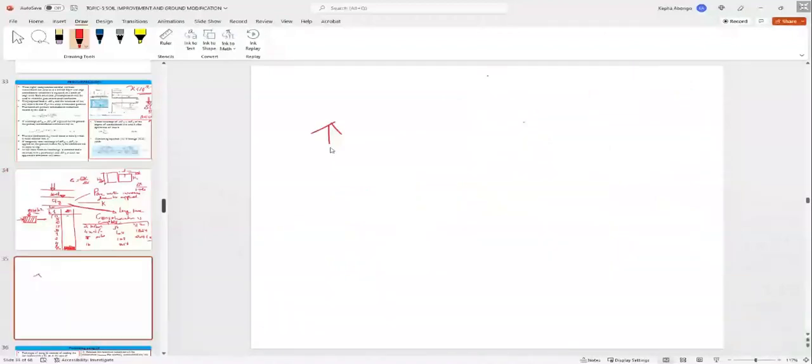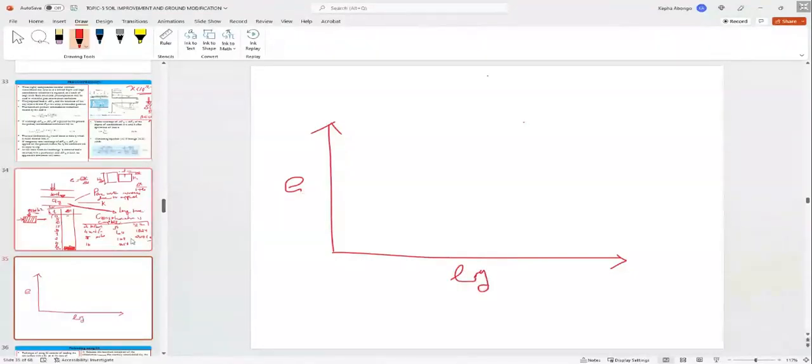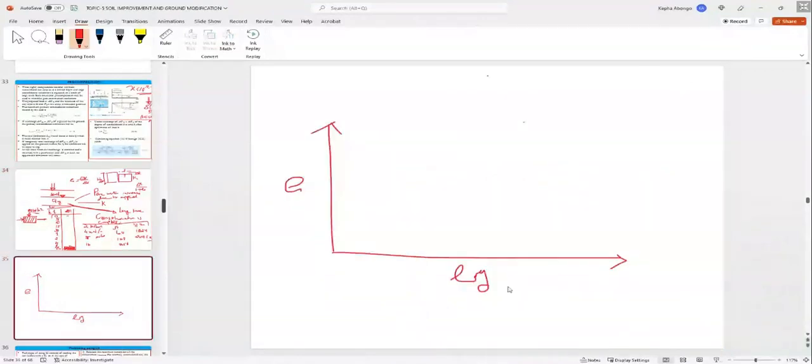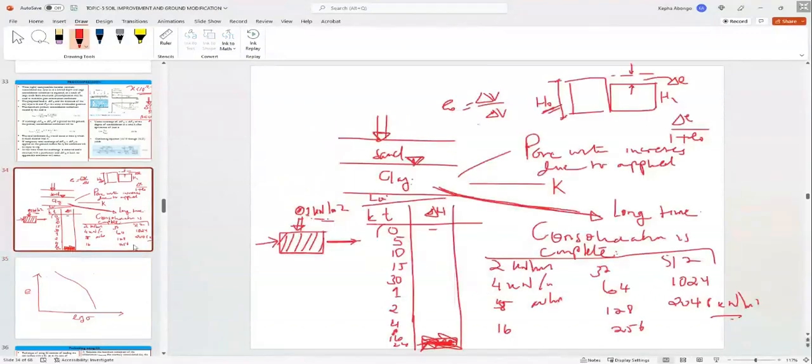So then we can have a plot of the void ratio e and the log of loading pressure. Something that goes like this. Now we can also begin to unload.